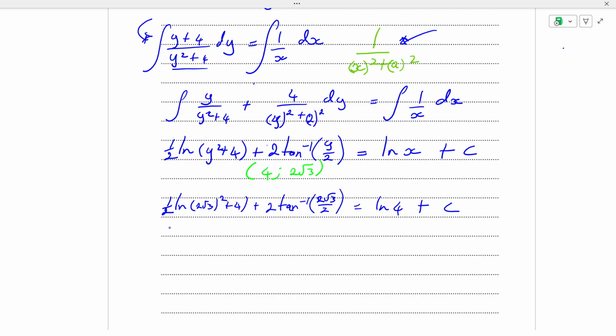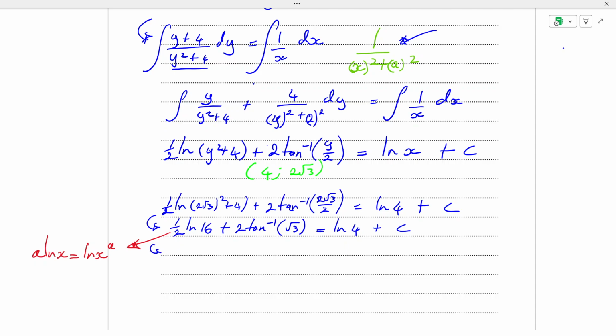This just becomes half ln 16 plus 2 tan inverse of root 3, which is equal to ln 4 plus c. Then using the logarithmic identity, a ln x is equal to ln x to the a, we have 16 to the power of half, which is root 16, which gives us 4.